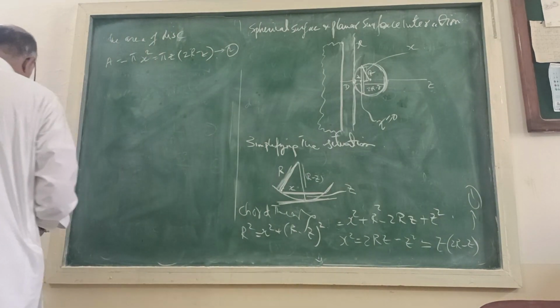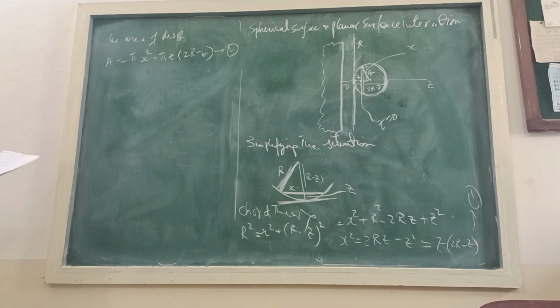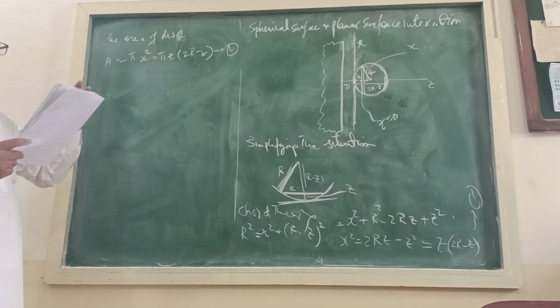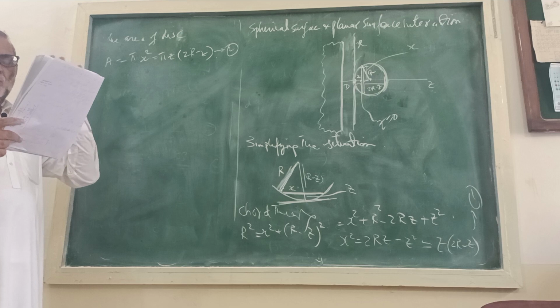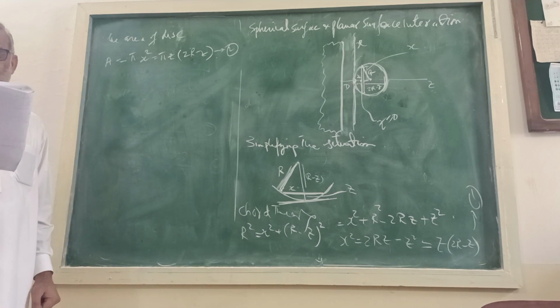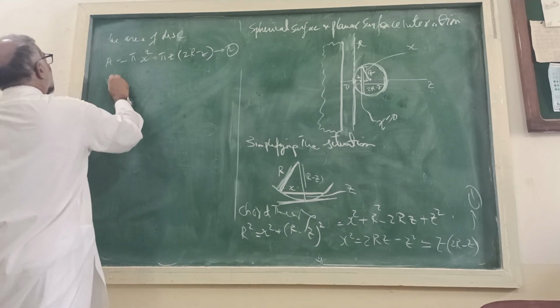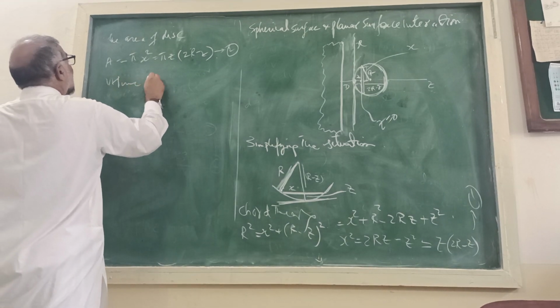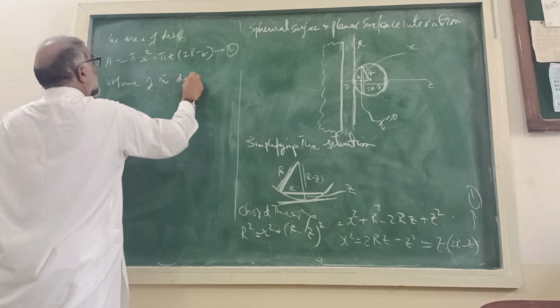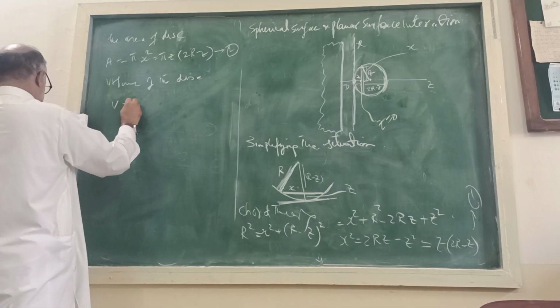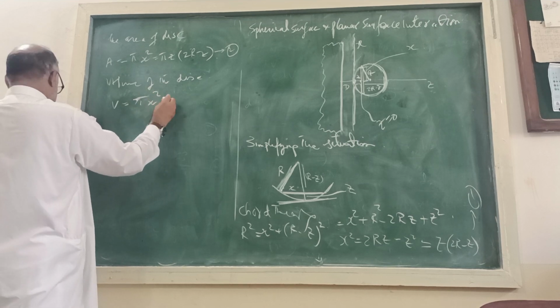So that is the area. Now the volume of the ring, of that ring that you were talking about, right? The volume of that whole disc, you will see, will be the area times dz.